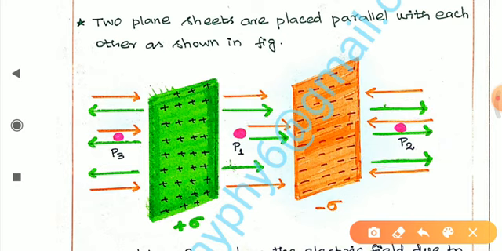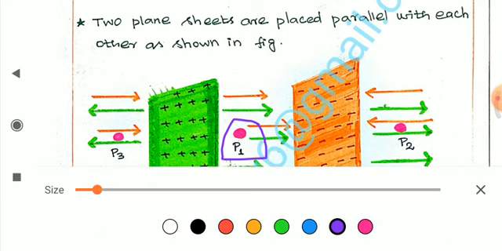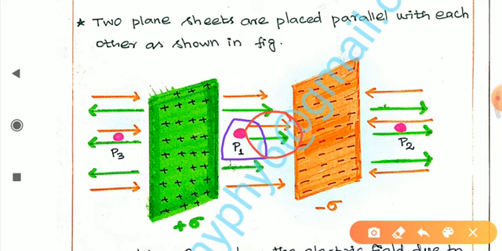Right. Now in this picture you can see that if the point is taken between the two plates, the electric field due to the positive and negative surface charge density is in the same direction. Wherever you look between the plates, both are along the same direction.